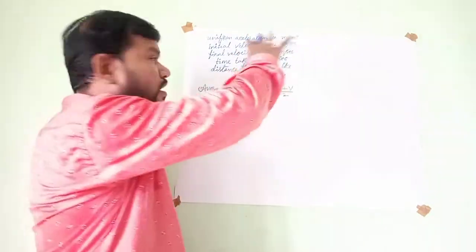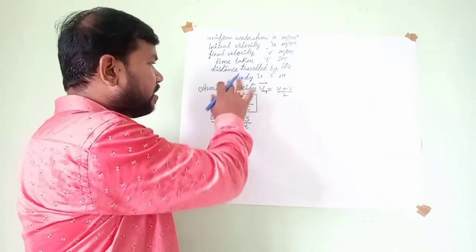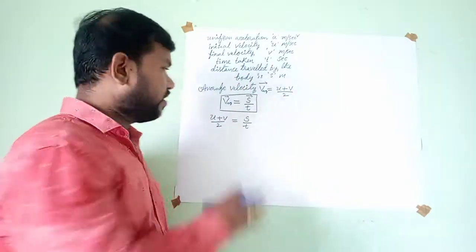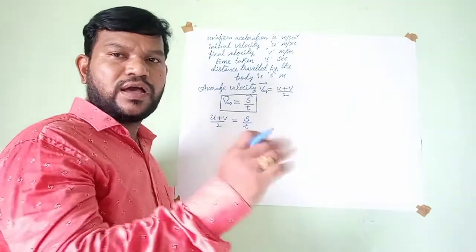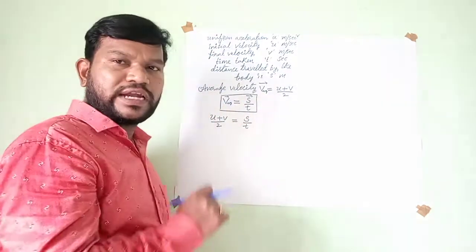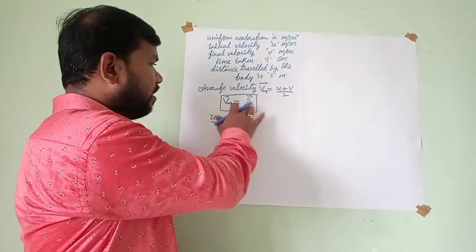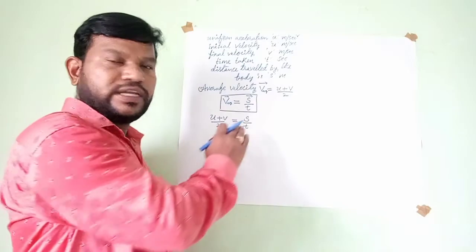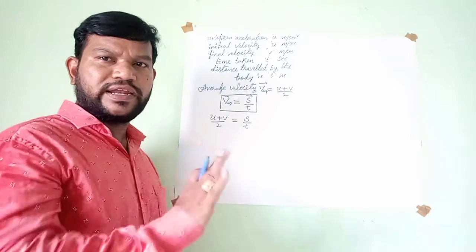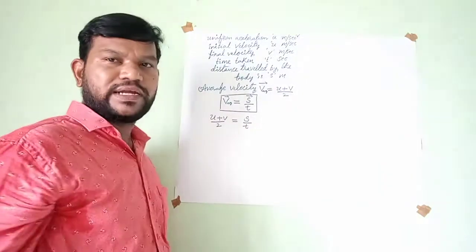First, consider a body with uniform acceleration, initial velocity, final velocity, time taken, and distance traveled. Velocity is always changing at a uniform rate, so we take average velocity as the arithmetic mean of initial and final velocity, (u + v)/2. Velocity is distance traveled by time taken, so V_avg = S/T. Instead of average velocity I have written (u + v)/2 = S/T. Don't get confused.